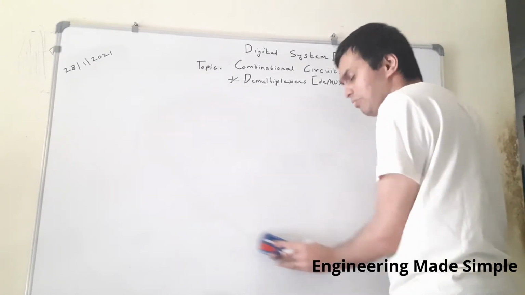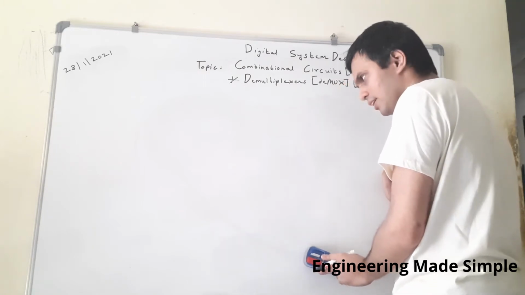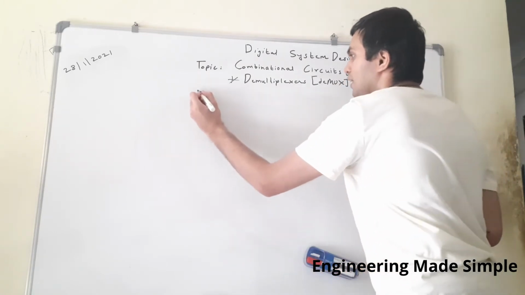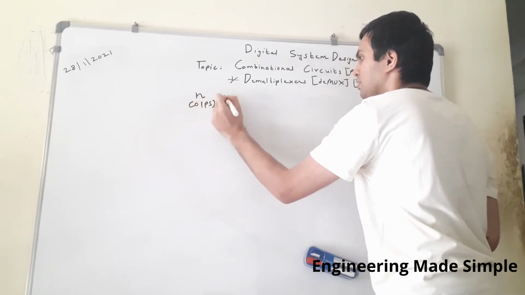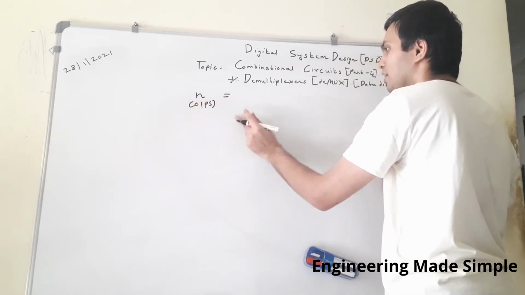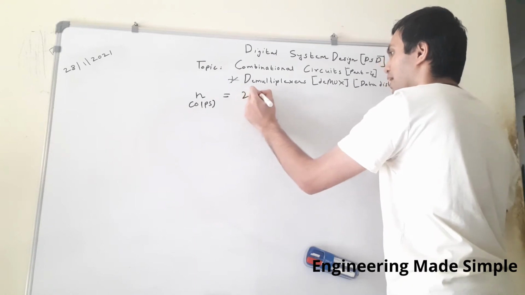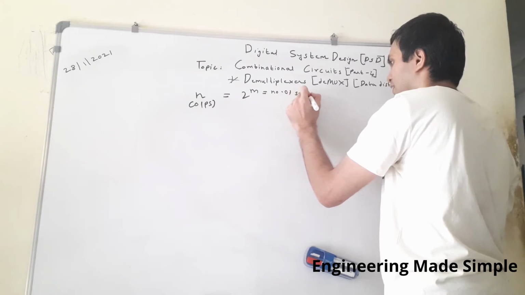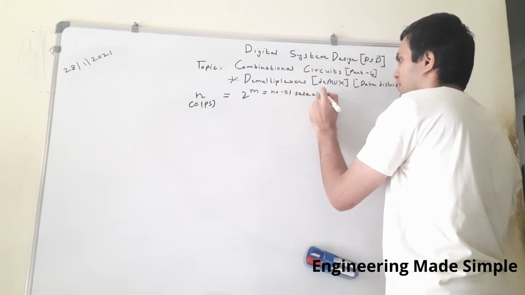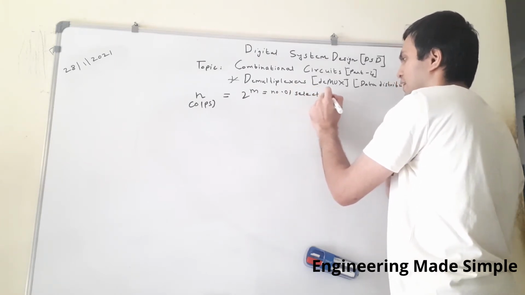So as you know, for a demultiplexer circuit there are n outputs. So n outputs are determined by 2^m, where m is the number of select lines.